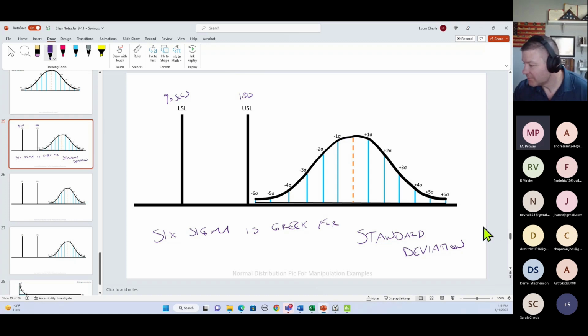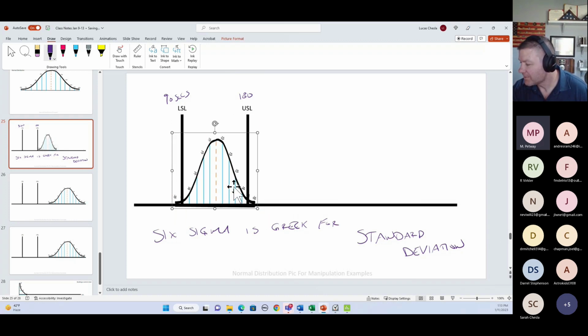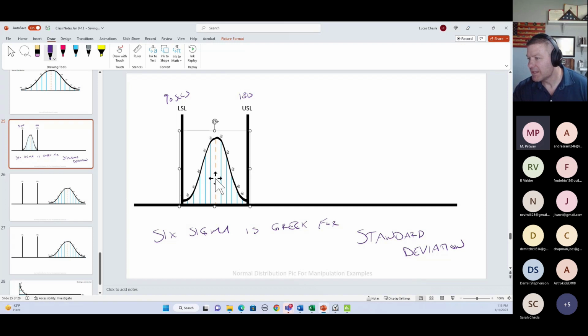Now 6 sigma, for all practical purposes, means our goal is to get all 6 sigma, 1, 2, 3, 4, 5, 6, above the mean and all 6 sigma below the mean to fit between those specification limits. So what is lean 6 sigma?